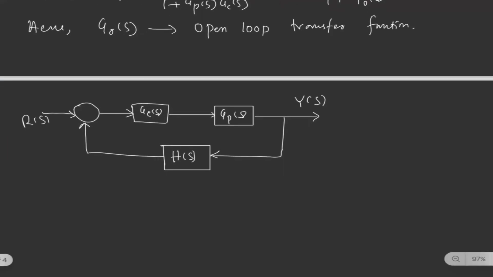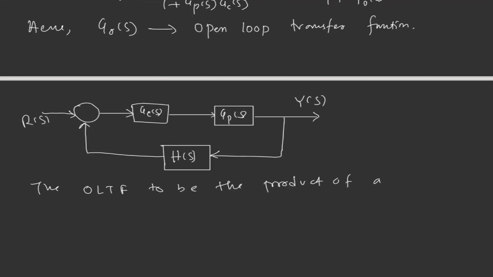Now, let me define the open loop transfer function, then I'll explain. The open loop transfer function is the product of all transfer functions around the loop.